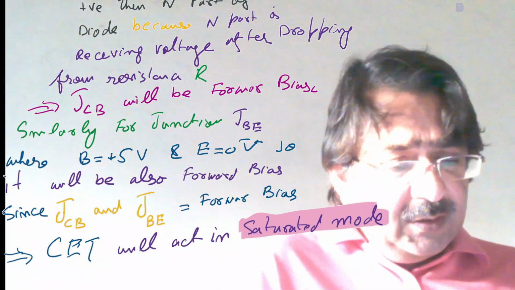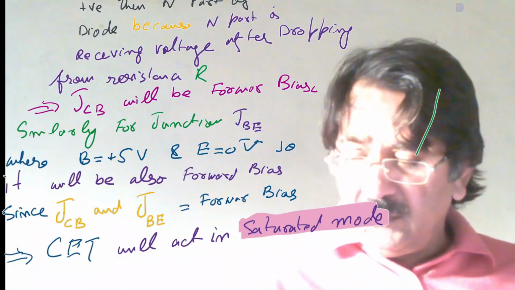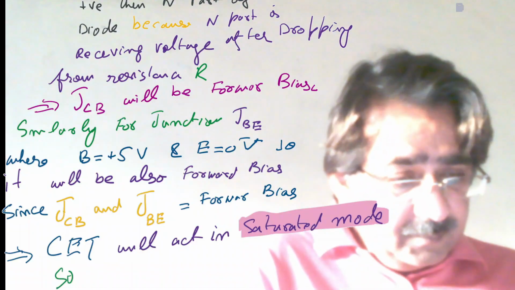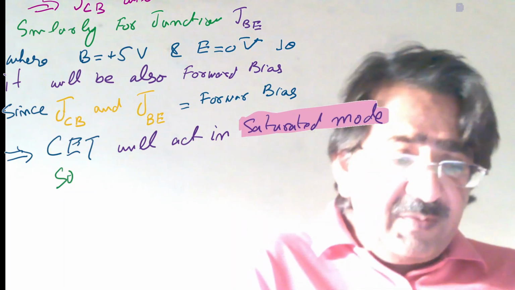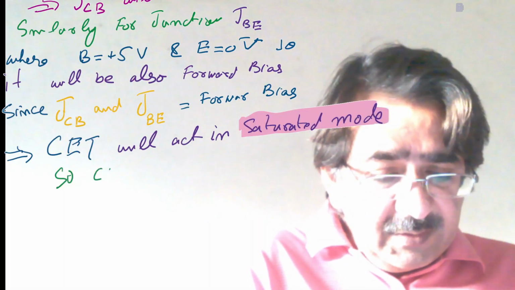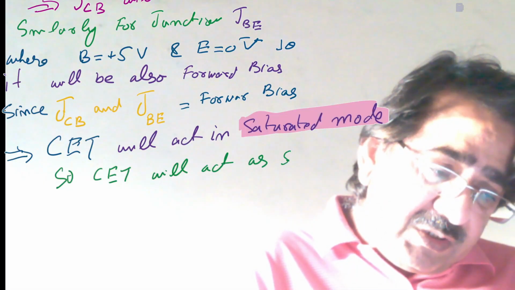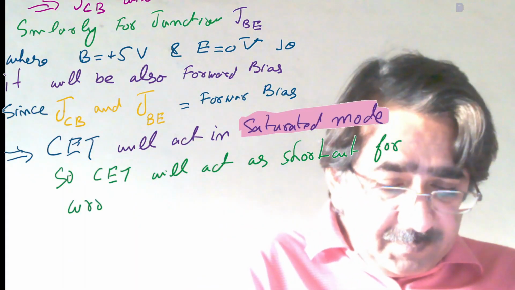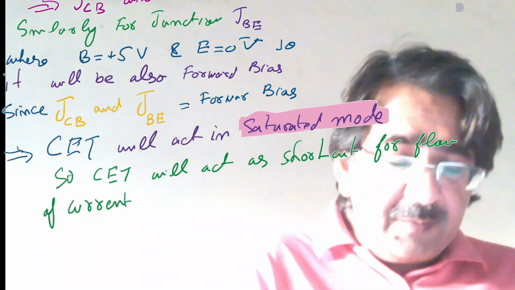So when the transistor is in saturated mode, the CE path will act as a short circuit for the flow of current.